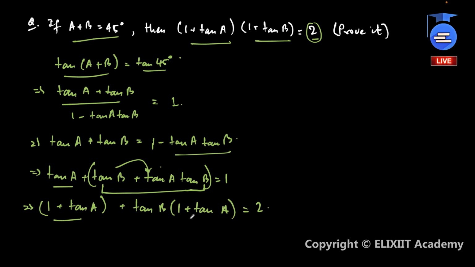So you can see the factors are coming out. 1 plus tan A into 1 plus tan B equals 2. That's what we were asked to prove. Easy question, not so difficult. A very common type of question you will find again and again.